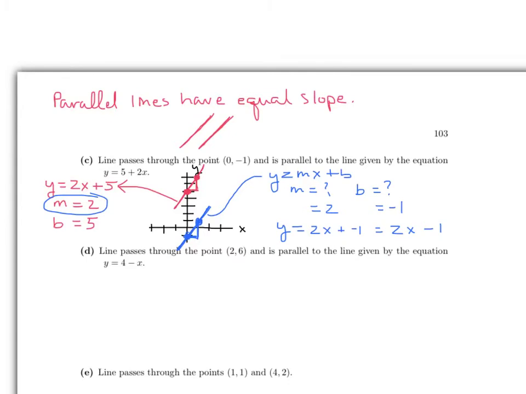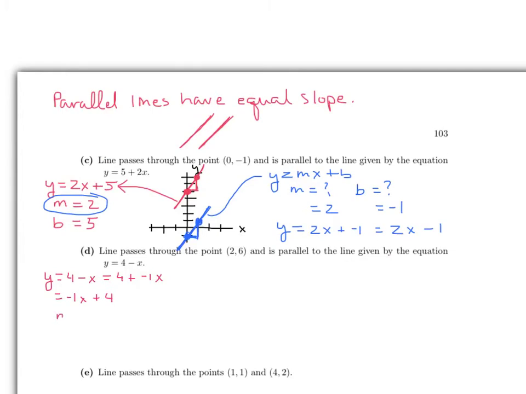First of all, I'm going to rewrite the equation that we were given. y = 4 - x can be written as y = 4 + (-1)x, which is the same thing as -1x + 4.